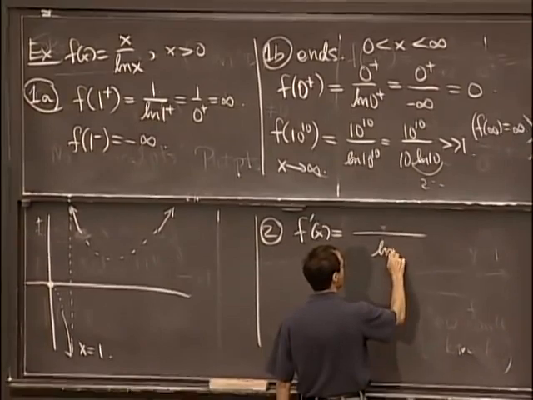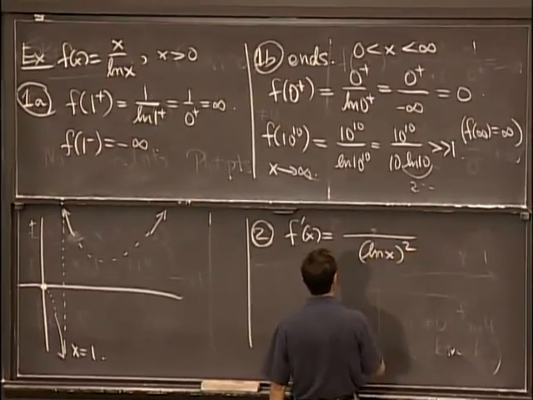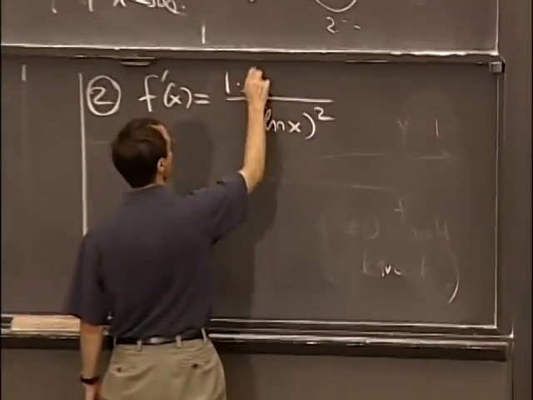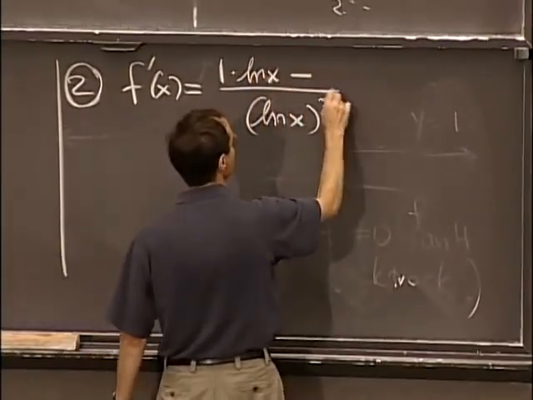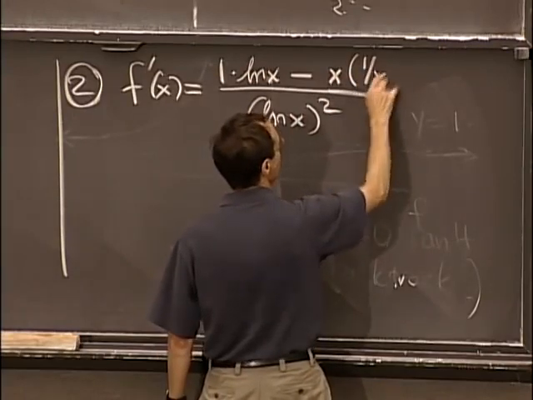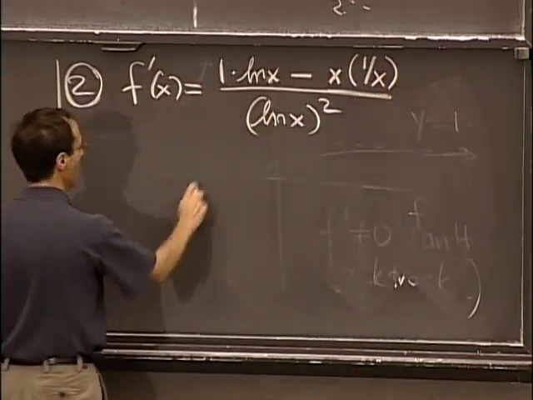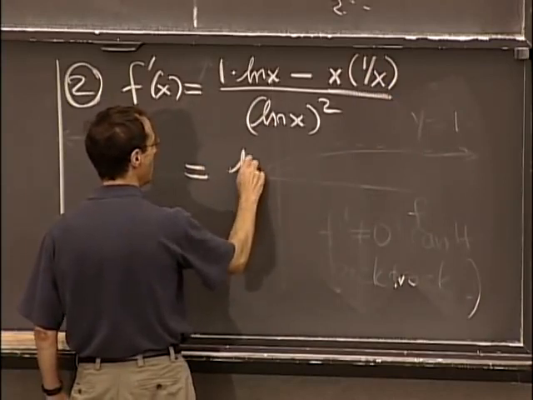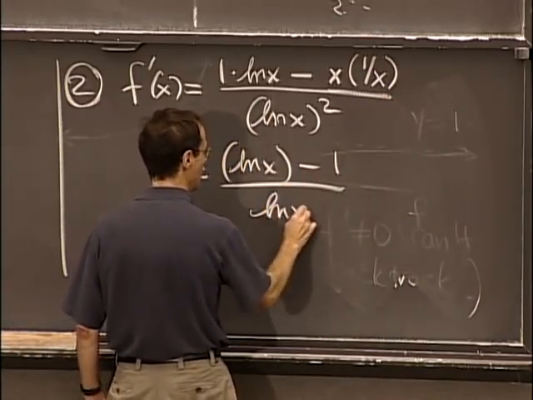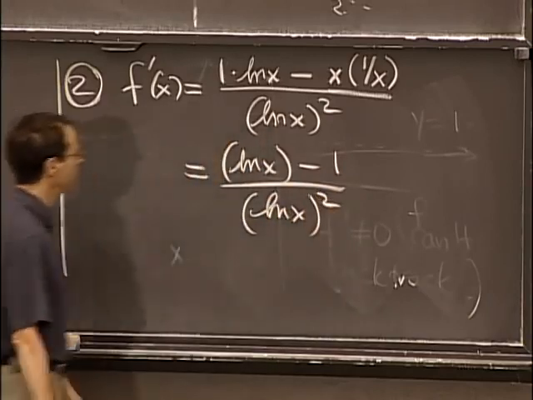So I have a log x squared in the denominator. And I get here, the derivative of x is 1. So I get 1 times log x minus x times the derivative of log x, which is 1 over x. So all told, that's log x minus 1 divided by log x squared.